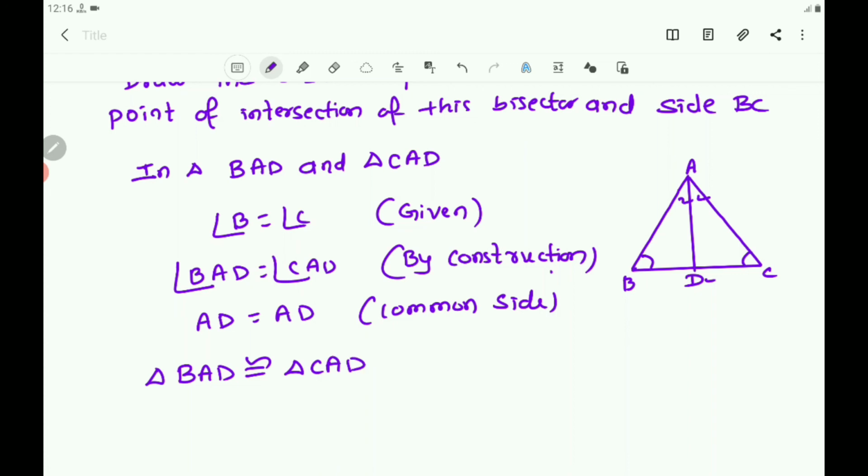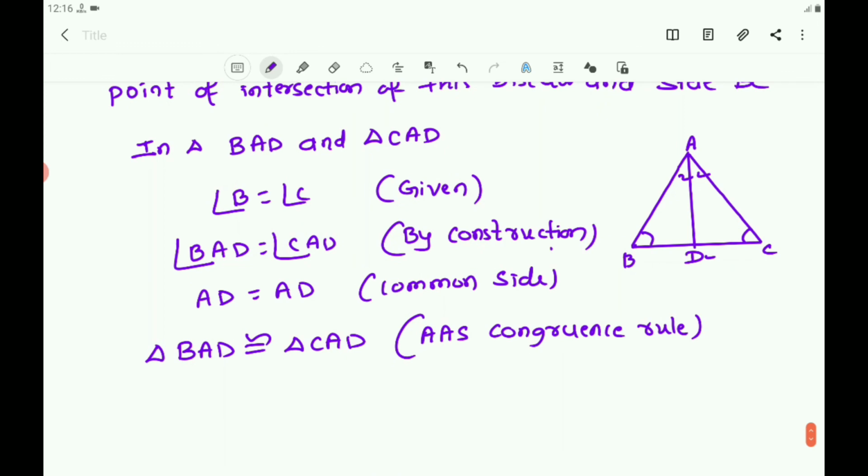According to AAS congruence rule, you got that the two triangles are congruent. Now you can write AB is equal to AC, according to CPCT.